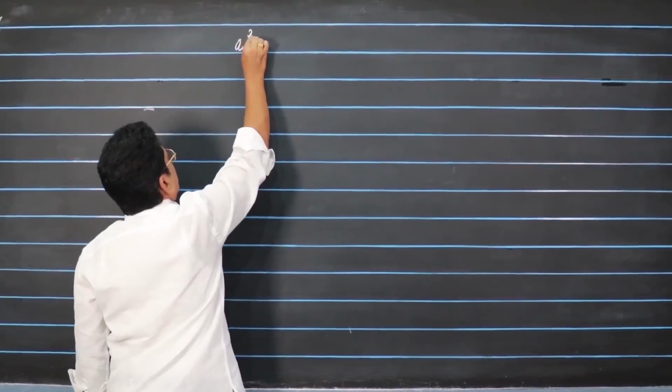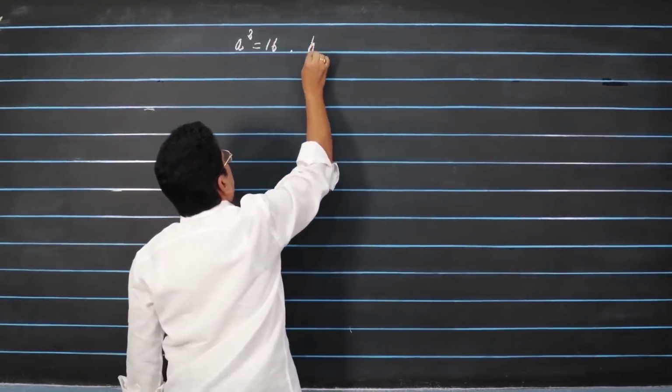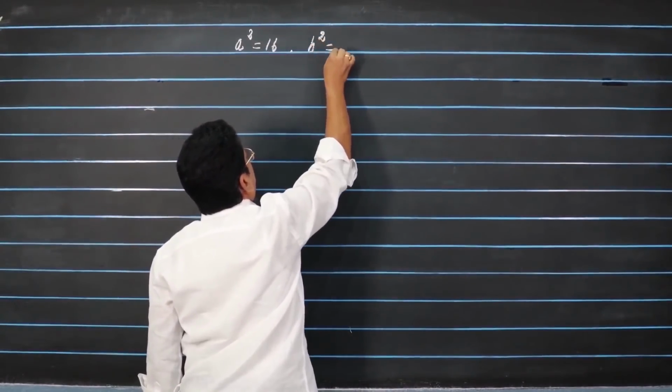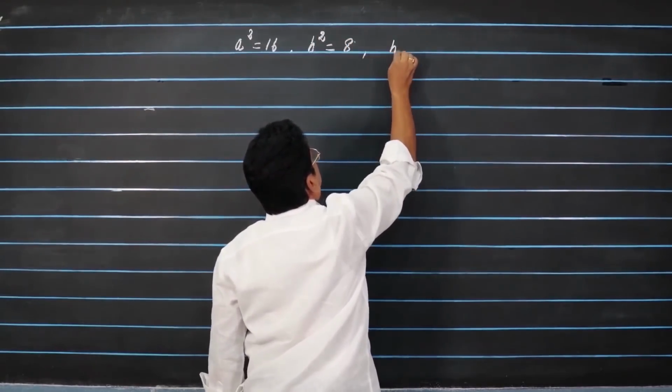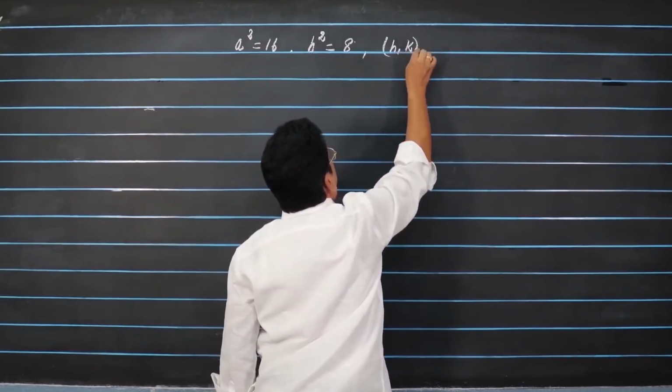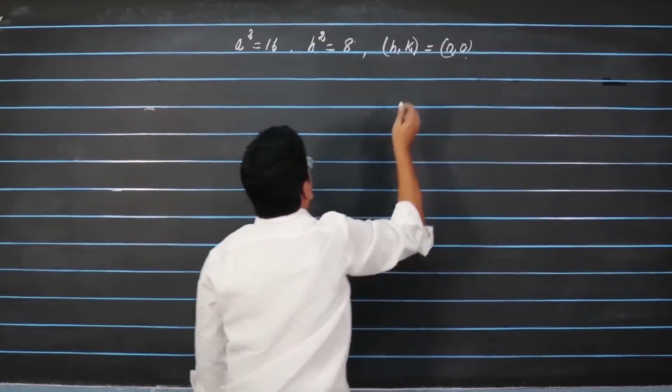a squared is equal to 16, b squared is equal to 8, (h, k) is equal to (0, 0).